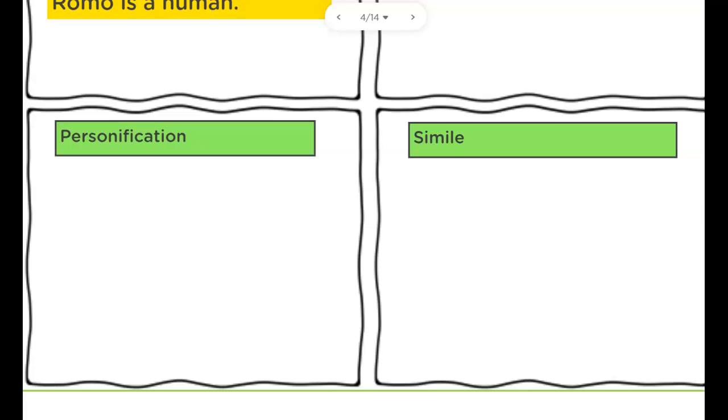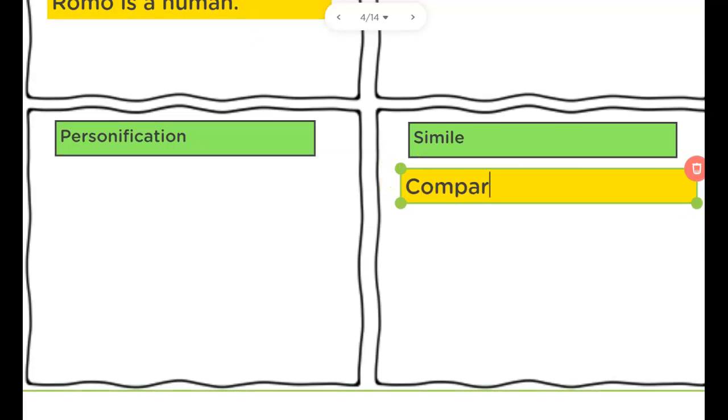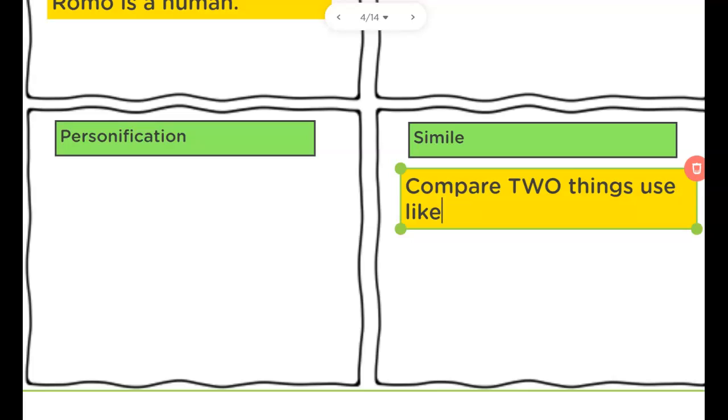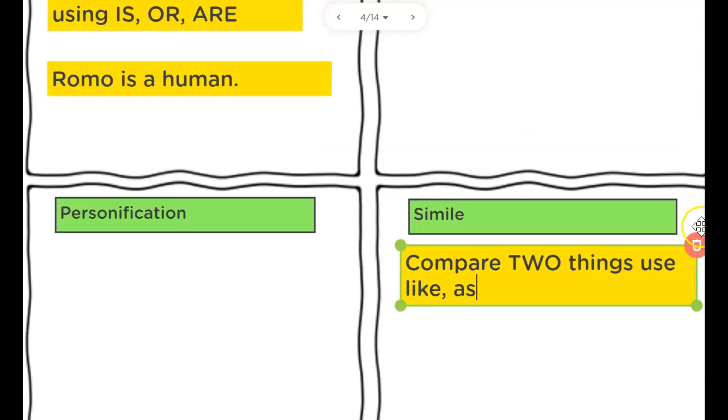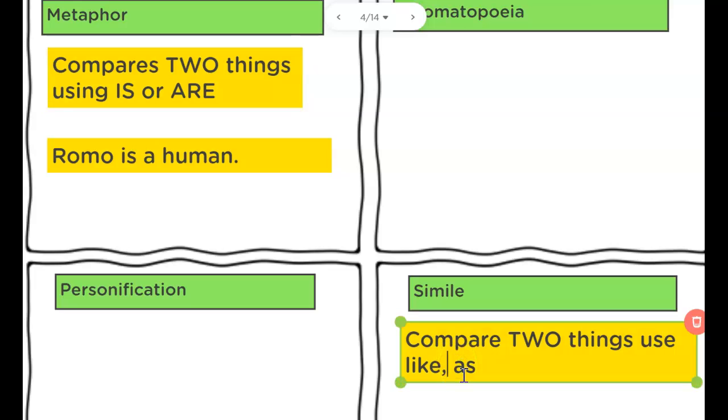And similes, we also compare two things, but we use like and as. I'm going to reword this because it's is, am, or are, and like or as.